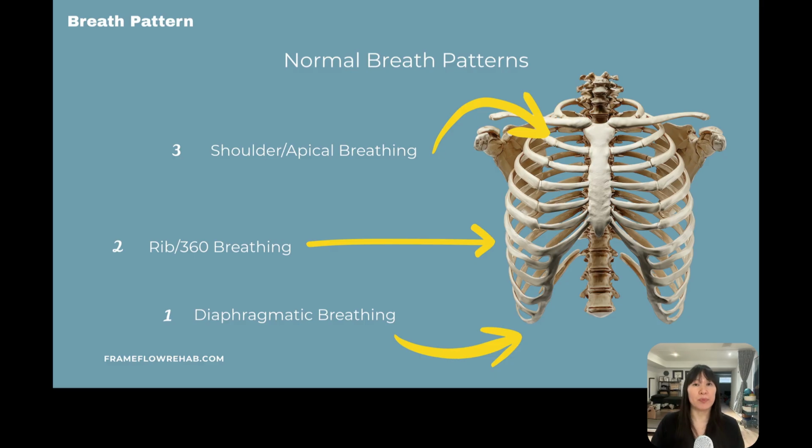And this should be separate from the third and final type of breathing, which is apical or shoulder breathing, right? So we should be able to access the ribs for slightly demanding or somewhat demanding exercises before turning to shoulder breathing for highly demanding exercises.